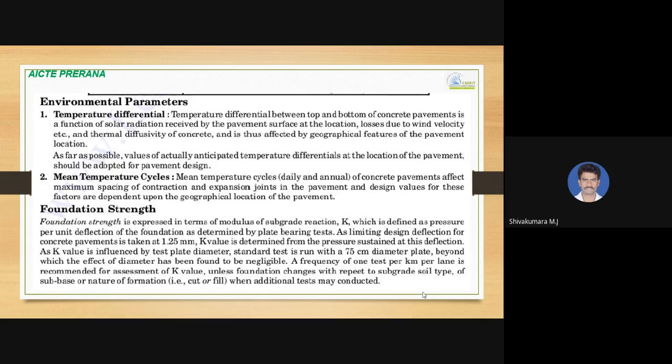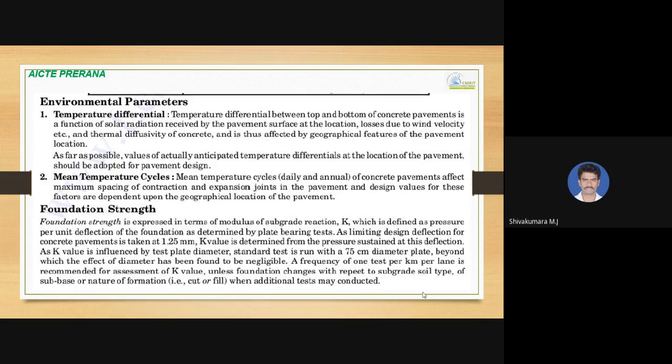So as far as possible, values of actual anticipated temperature differences at the location of the pavement should be adopted for the pavement design. I'll show you the equation and how we use it in the next few slides.